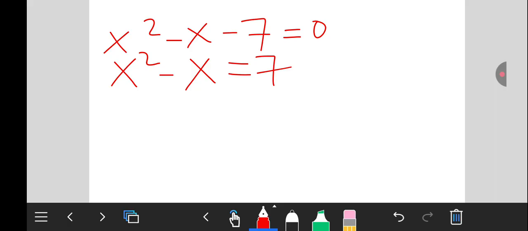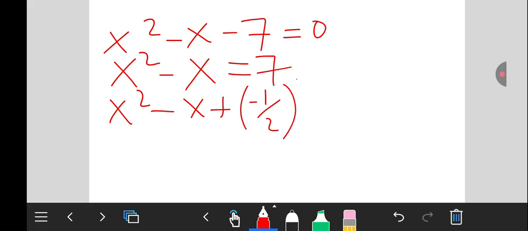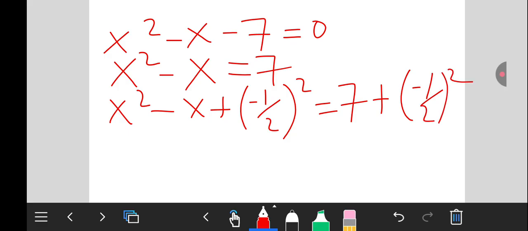Then the half of b, which is negative 1 over 2. So we're going to have x squared minus x, then I said you add negative 1 over 2 squared, is equal to 7. Even on this side, you add negative 1 over 2 squared.